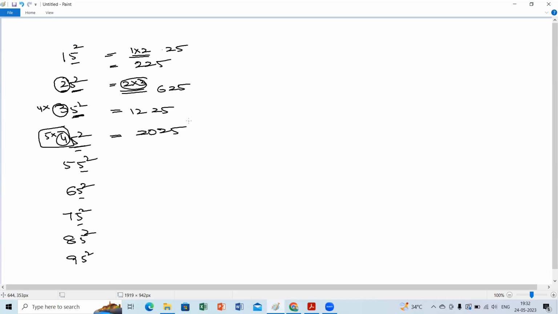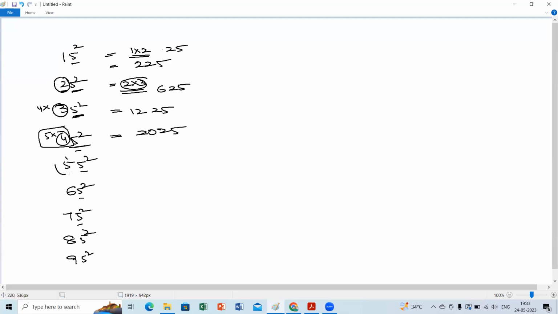So like that, for any number that ends with 5, you can easily build the pattern, children. Take the first number and the consecutive number next to it, multiply them, and then append 5 square.